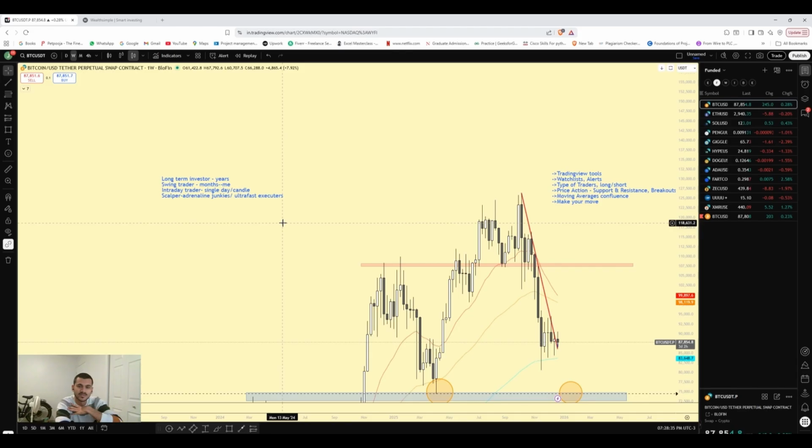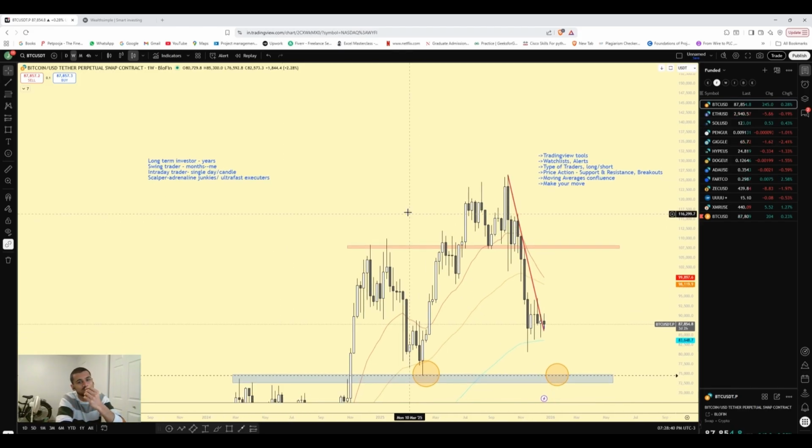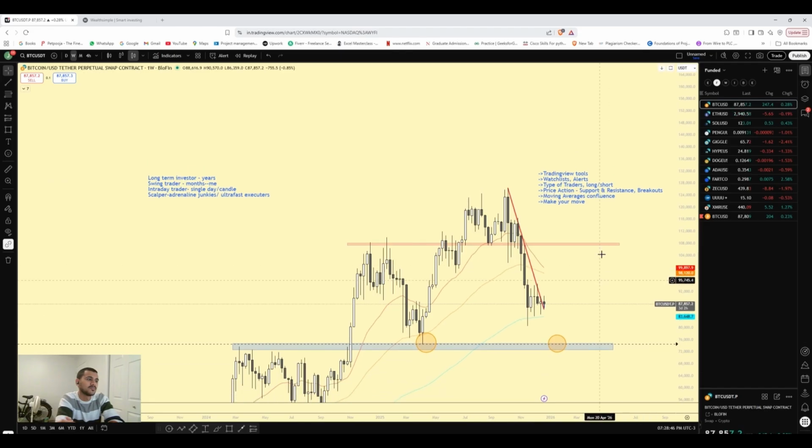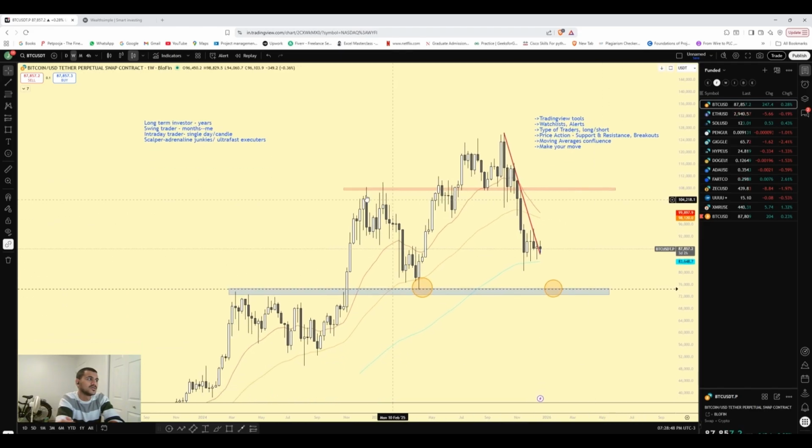While a swing trader like me, I pick up stocks that move very quick and I hold them for months, weeks. The word swing means swing. So here you see stock moves in patterns.